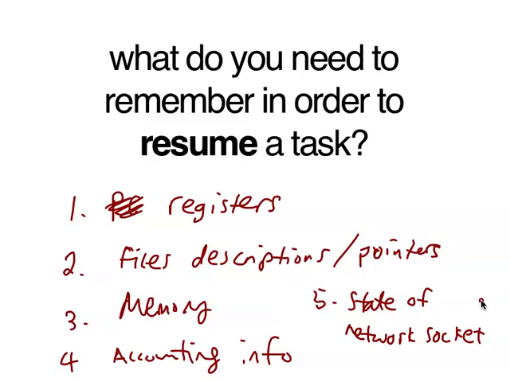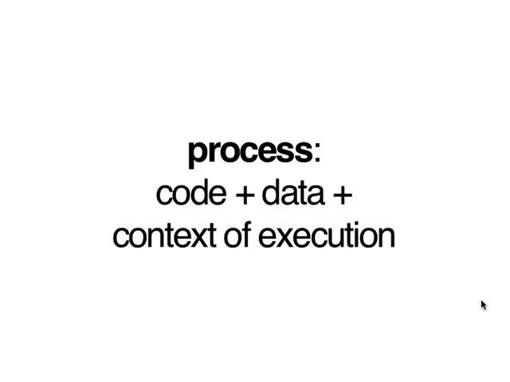Any questions? Okay. So now, with that understanding, I can explain to you what a process is. A process is basically an abstract object or abstract structure that keeps track of the code of a running task or a running program, its data, the things that are stored in the memory, the accounting information, for example, and the context of execution.